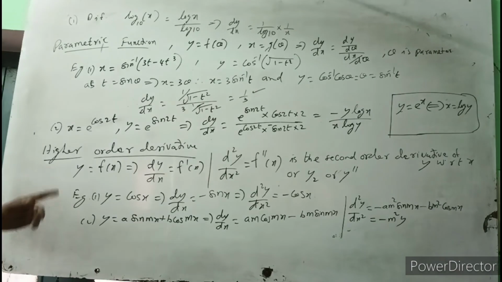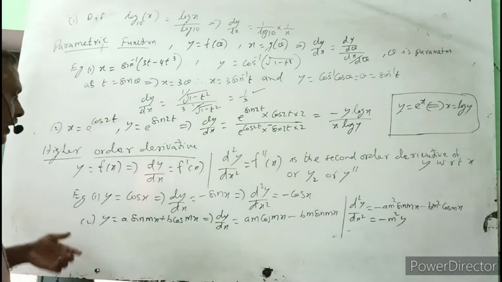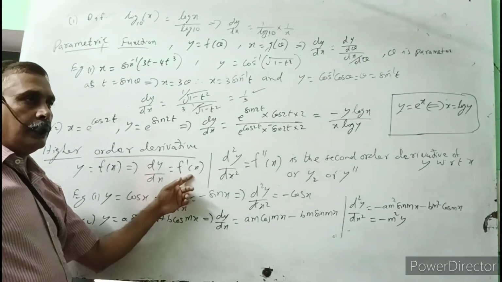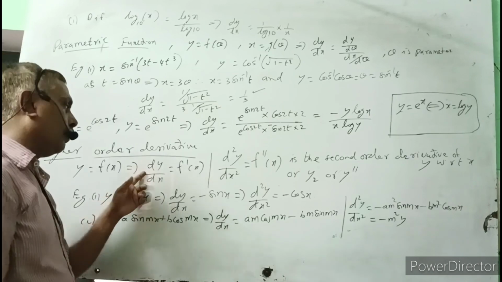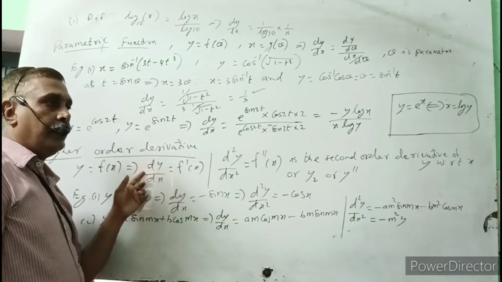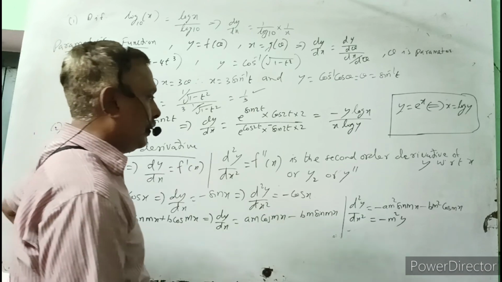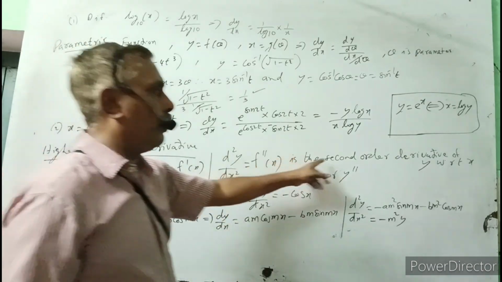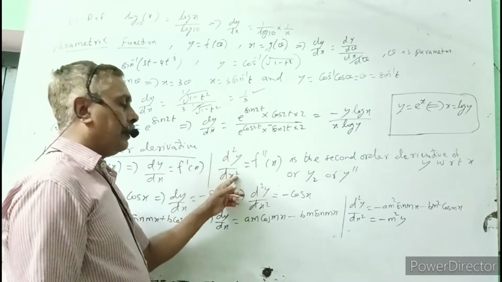That's the rule. Now higher order derivative means differentiate again and again. If y is equal to f of x, then dy by dx is equal to f dash x. This is differentiated one time, so this is called the first order derivative of y with respect to x. Now the second order derivative of y with respect to x is denoted by d square y by dx square.